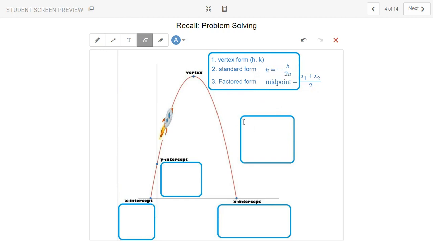Both of these methods will require us to substitute the h value back into the original equation. So you can substitute any value of x or y into the equation for us to find the corresponding x or y coordinate.